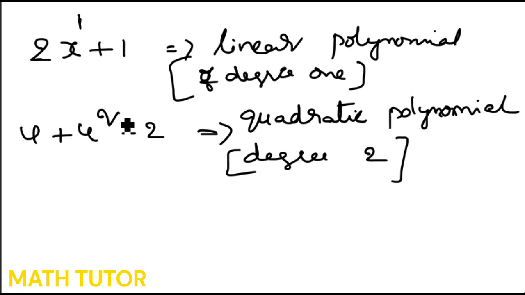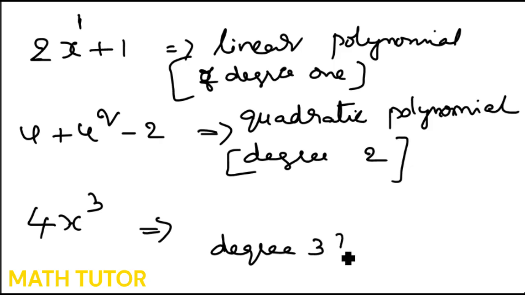Okay, so here the degree is 2, so that is called a quadratic polynomial. Now I have one more. Simply I write 4x cube. What is the degree here? The degree is 3. This is called a cubic polynomial.